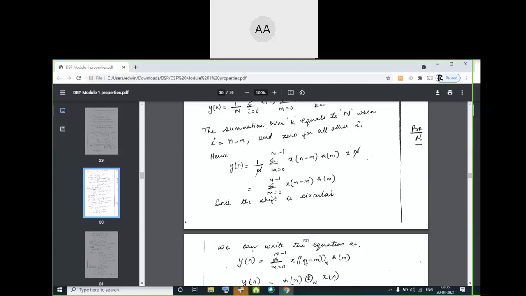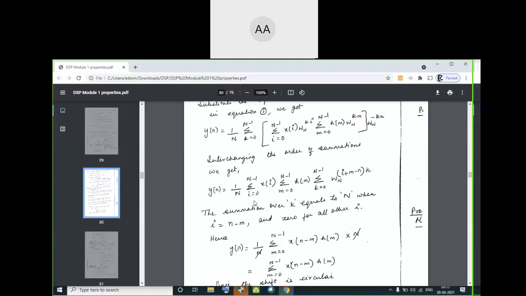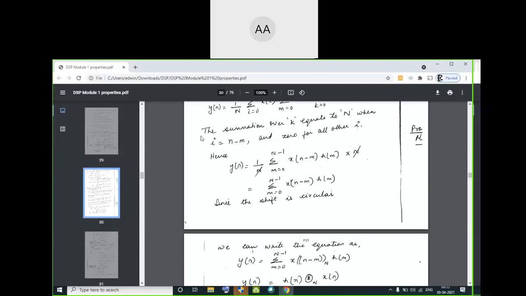So in order to obtain that, I will replace l with an n minus m term, and accordingly I'll change the summation. You just see, if l equals 0, n will be equal to m. You substitute over here, n is equal to m, so that is what you want. If l equals N minus 1, n will be equal to N minus 1.